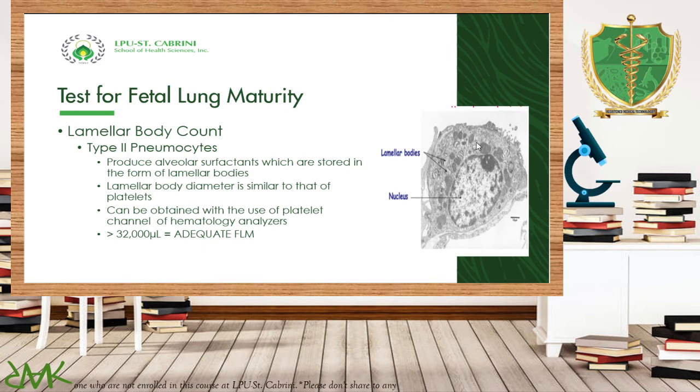Lamellar body diameter is similar to that of platelets, and can be obtained with the use of the platelet channel of a hematology analyzer. Now, greater than 32,000 per microliter of lamellar bodies indicates adequate fetal lung maturity.